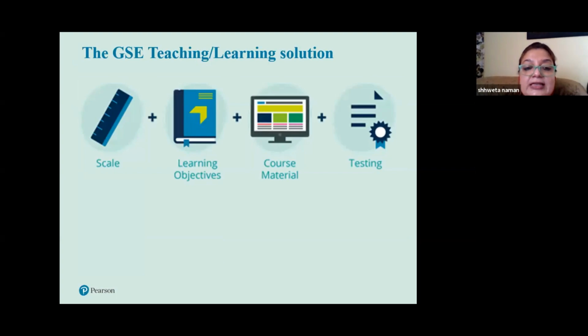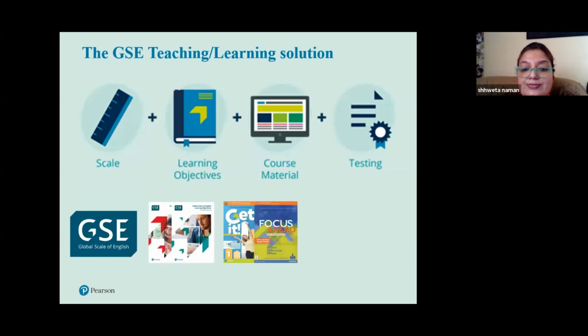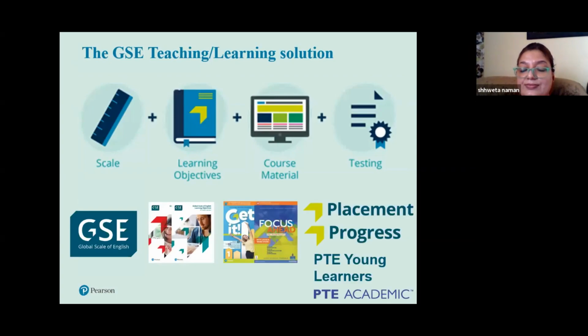So this is a scale, and it consists of learning objectives, course materials, and assessments. So it starts with, actually, the GSE in assessment, GSE starts with PTE Young Learners, for PTE Academic. You must have heard about PTE Academic, but there is a PTE Young Learners exam also, which is being taken by the young learners, and they give the level.